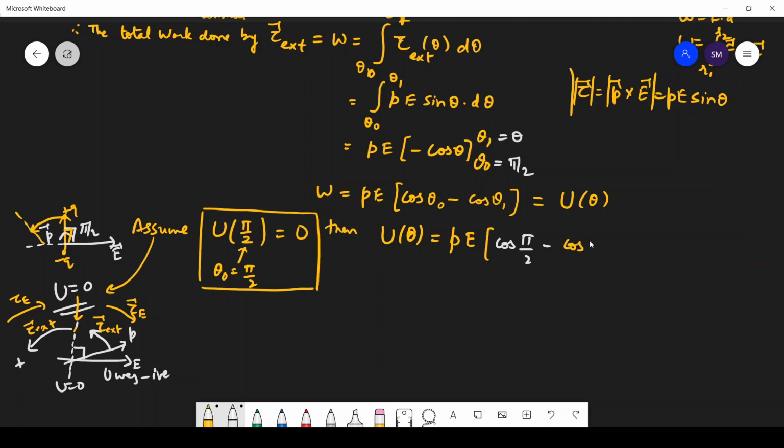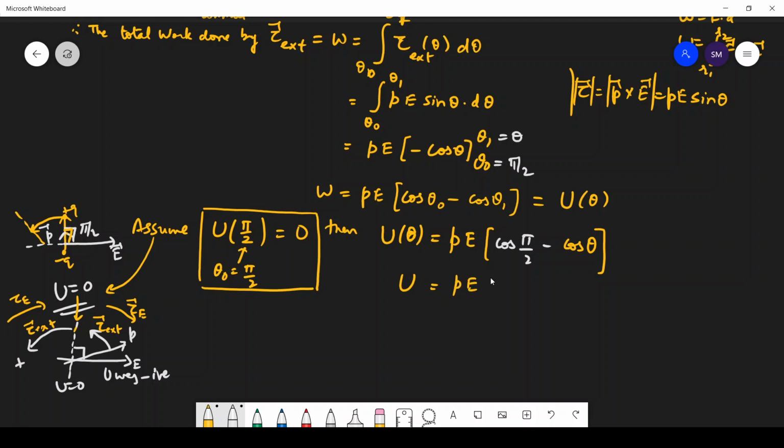And this is my cos theta. So this is what my potential energy is. Further, this potential energy will be equal to PE, and what is cos pi by 2? That is 0.